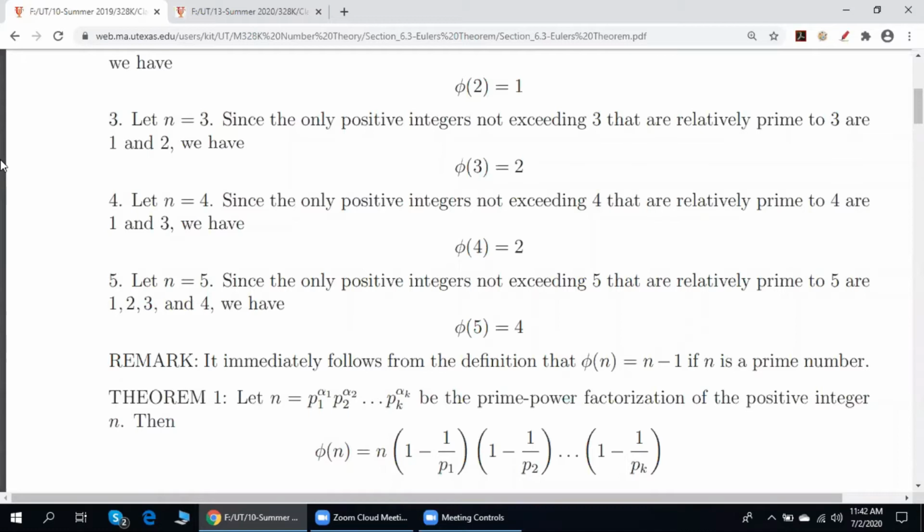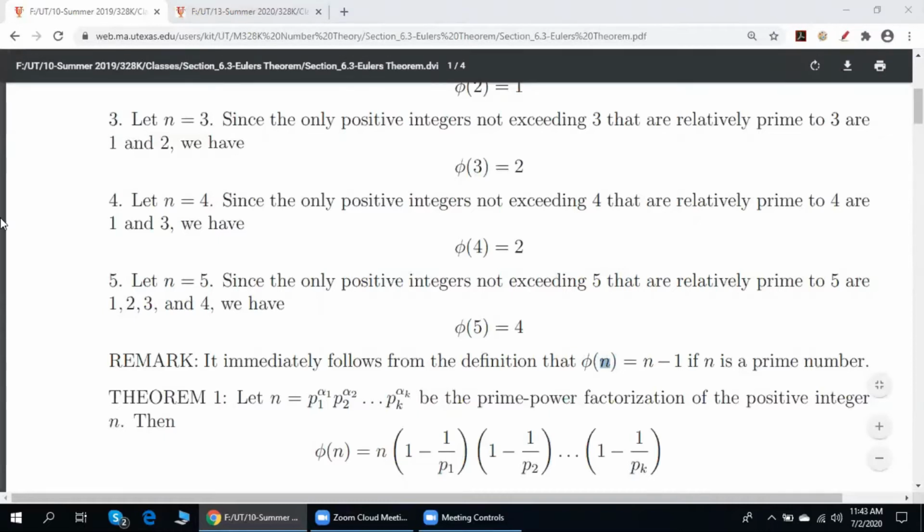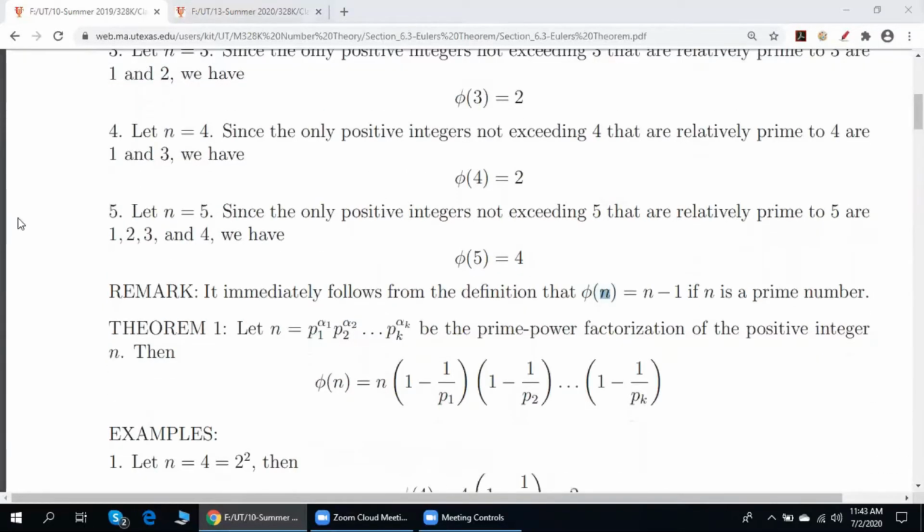Now, question is it possible to find phi of n without counting numbers that are relatively prime to n? The answer is yes. Please take a look at Theorem 1.